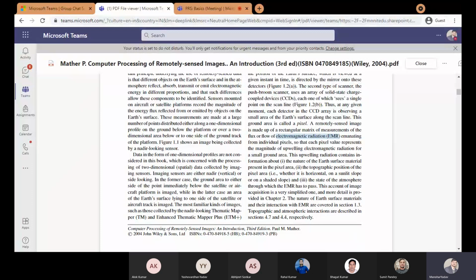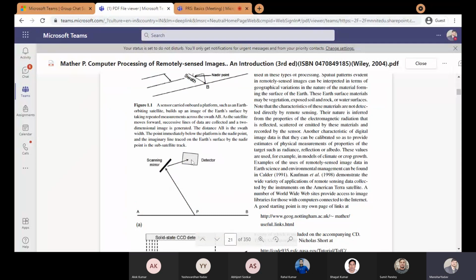Let's say we have two discrete bands. If we have two discrete bands, then from the same ground area, the energy which is coming to the sensor, like see over here, how many detectors do we require?